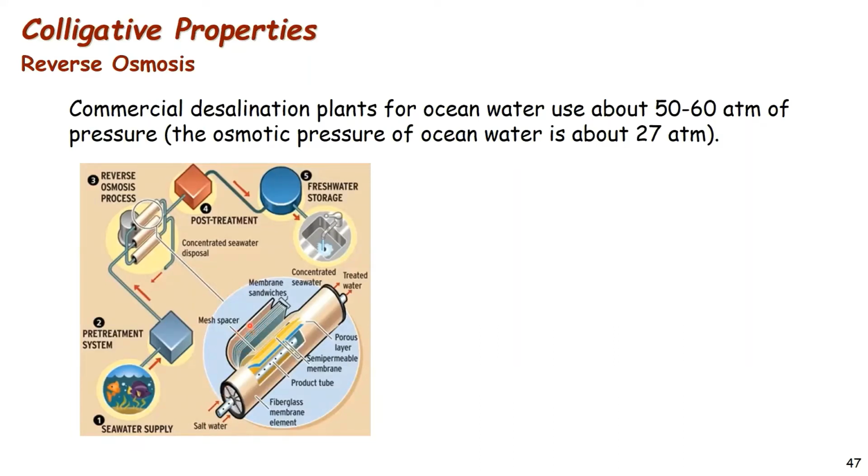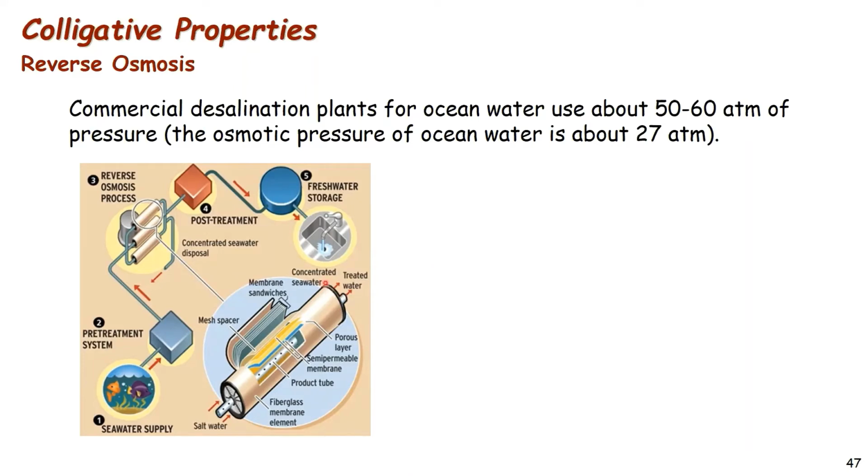It then passes through all these semi-permeable membranes. Notice there's a whole bunch of different types. Some are for cations, some are for anions, some are for big species, some are for organics. So it's got to go through all these different types of semi-permeable membranes. And then finally, there's a tube in the middle that has holes in it that allows the fresh water to get in there, and it escapes.